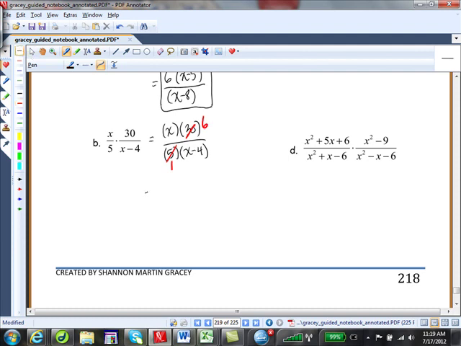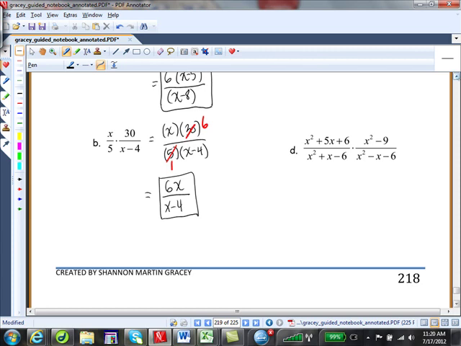So now we'll be left with 6 times x over x minus 4. And you're all done, because that subtraction symbol means we can't cross out those x's. They have to be factors. The 6 and the x are factors, but in the denominator, there's only one factor, and that factor is x minus 4. So you're all set.